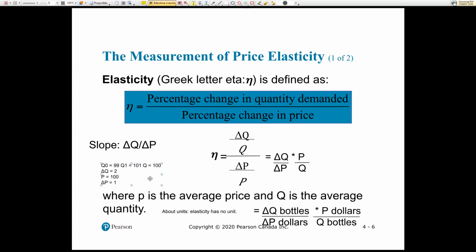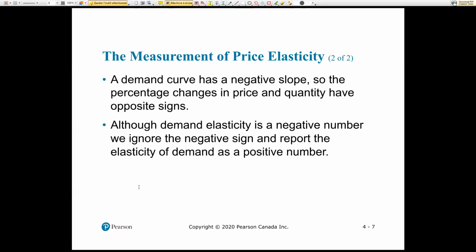Anyways, I have to move on, and we're going to see an example in which you see the curve and you see what you have to calculate. Okay, so let me remove this. All right. The demand has a negative slope, so the percentage changes in price and quantity have opposite signs. This doesn't change. But when we say that something has a small or big elasticity, we mean in absolute terms, or in size.